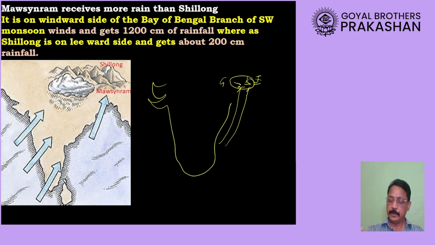And when these winds cross this Garo and Khasi range and go north, where Shillong is located, that place will receive about 200 centimeter of rainfall.